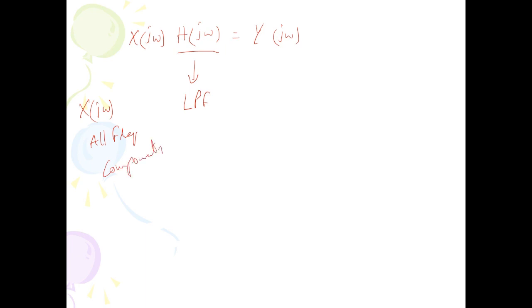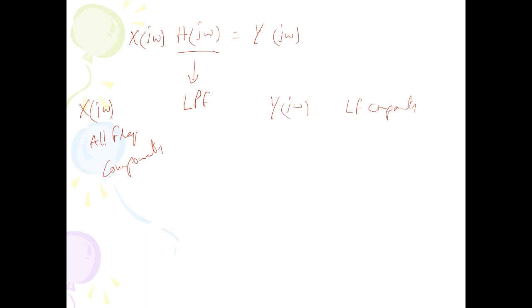After multiplying this with a low pass filter, the output Y of j omega will have only the low frequency components. Why? Because the input is multiplied with the low frequency components of the filter, and all the high frequency components will be blocked.